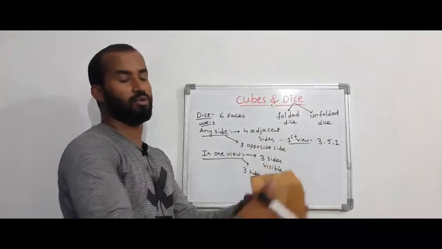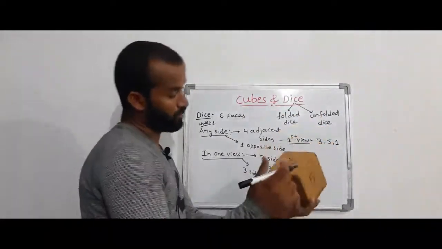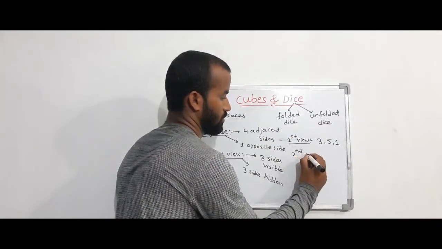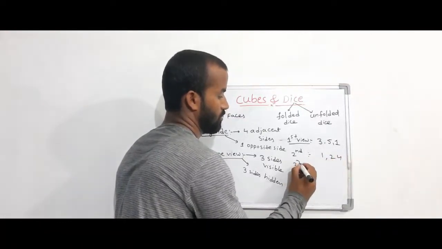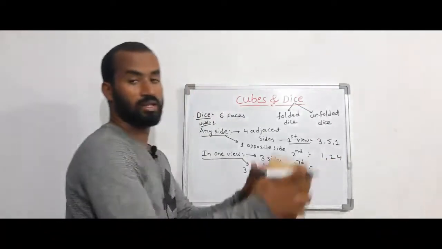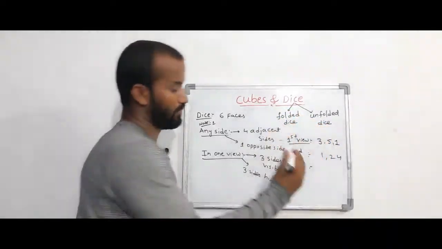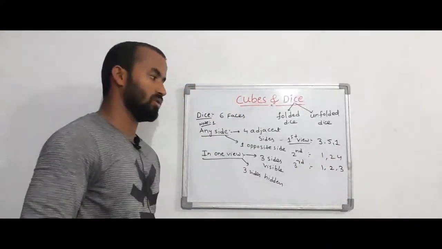This is the second, just I am rolling the die. This is the second view: 1, 2, 4. I am taking the third view. The third view will be 1, 2, 3.